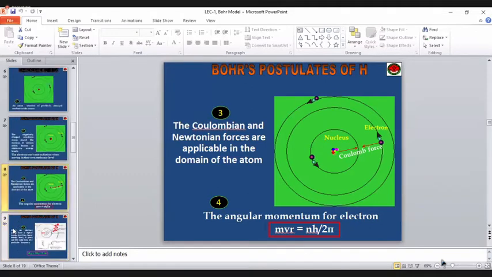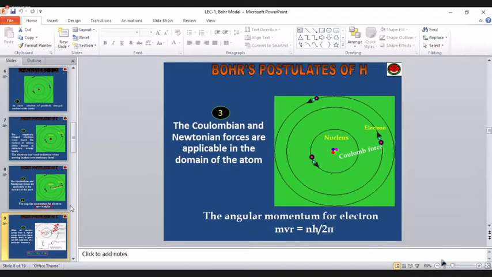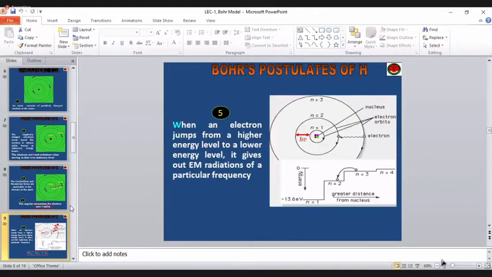Now last one, that is last postulate. You can see last postulate. Okay, last postulate is that when the electron from the outer orbit or higher orbit, electron in the higher orbit, jumps to the lower orbit. Okay, higher orbit energy is more. The higher orbit energy is more.